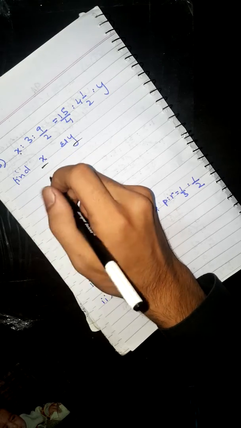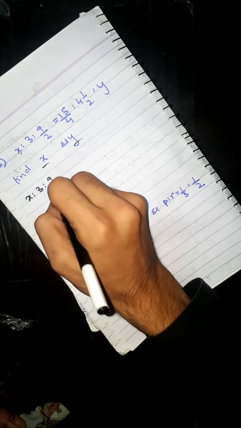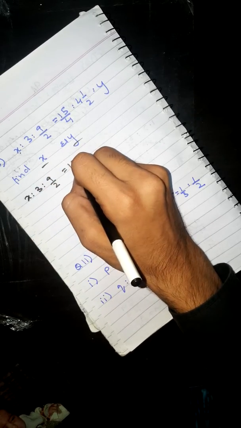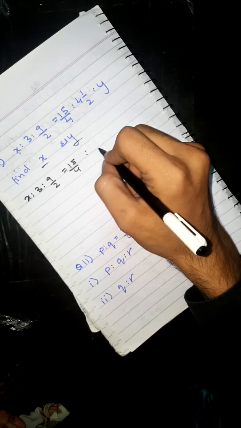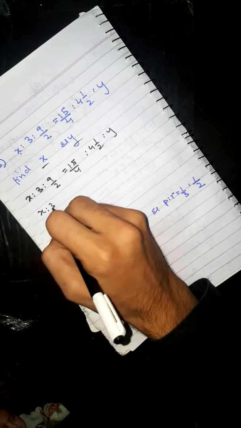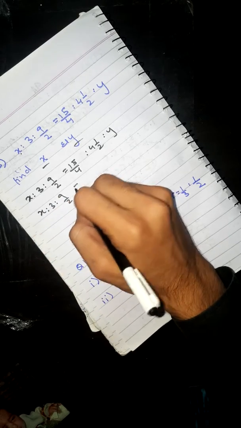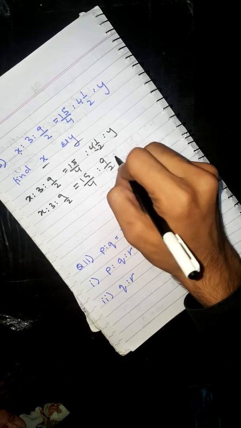So here what we can do is, first we'll write x ratio 3 ratio 9 by 2 is equal to 15 by 4 ratio 4 whole 1 by 2 ratio y. So it will be x ratio 3 ratio 9 by 2 is equal to 15 by 4 ratio 9 by 2 ratio y.